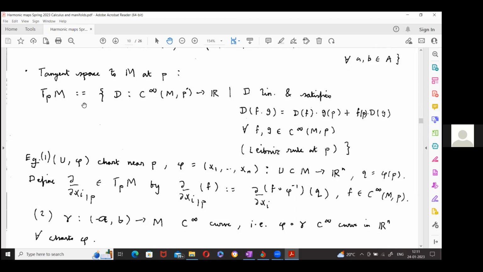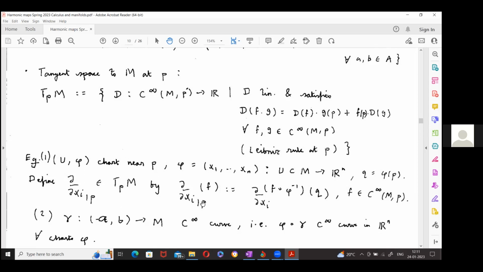These linear maps which satisfy the Leibniz rule at P are called derivations at P. So we can define certain derivations at P, del/del xi at P. These are going to be elements of the tangent space. So how are these defined?